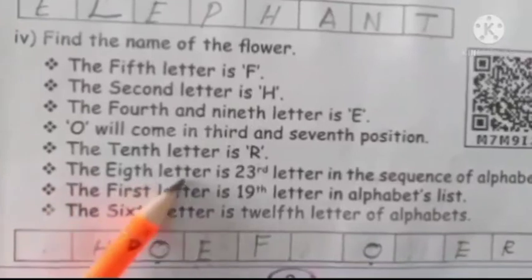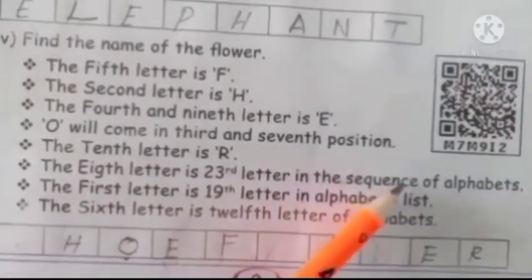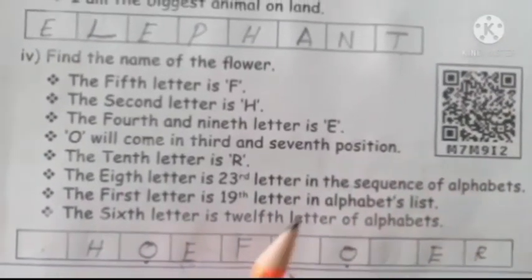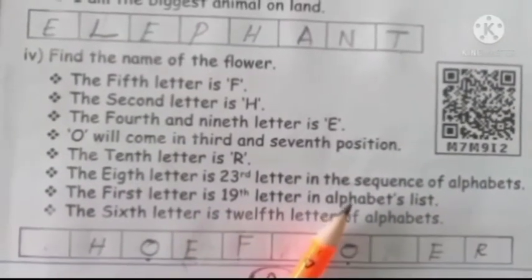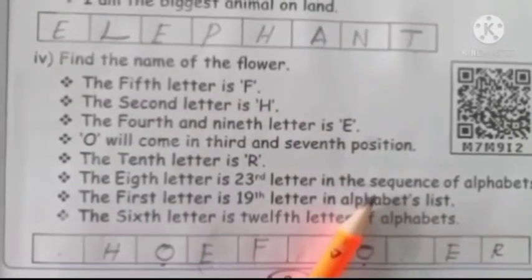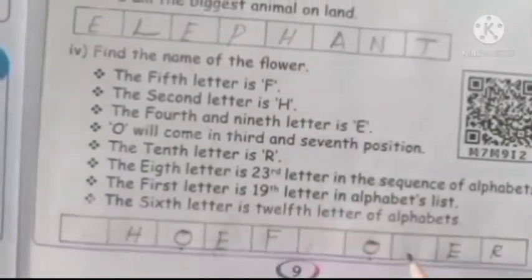The 8th letter is 23rd letter in the sequence of alphabets. Children, the 23rd letter in the alphabets is W. So, we have to write W in 8th place.